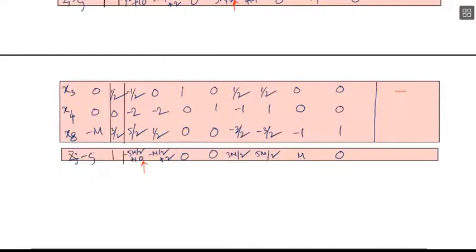Then we leave the second ratio also, as it is also negative, and we get only the third ratio, that is 3 by 5. So we have no other option than choosing x8 as the departing variable, and so 5 by 2 is the new key element. Now we proceed to the next table.